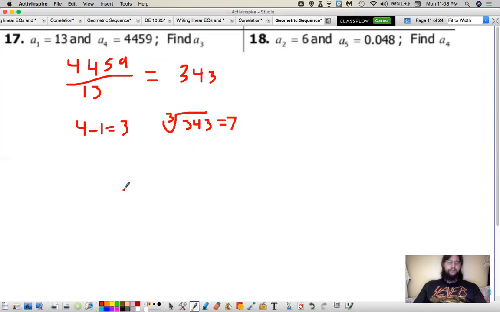Told you. So now we have A1 and we have R. Write our formula. AN is equal to 13 times 7 to the n minus 1. That's an n.